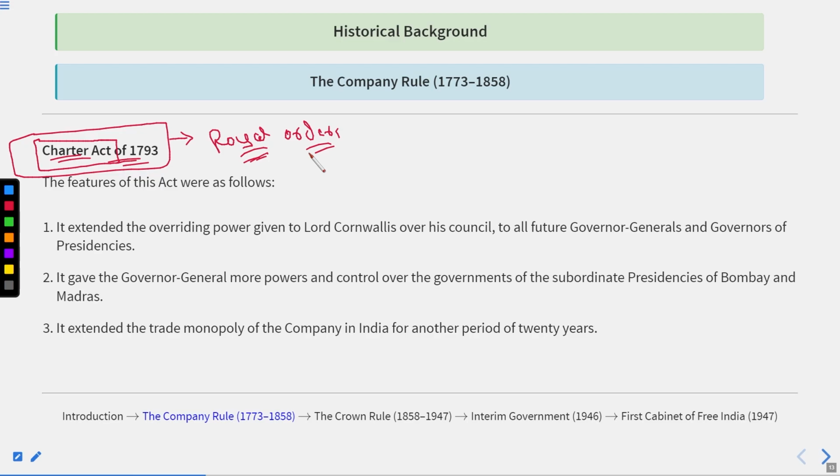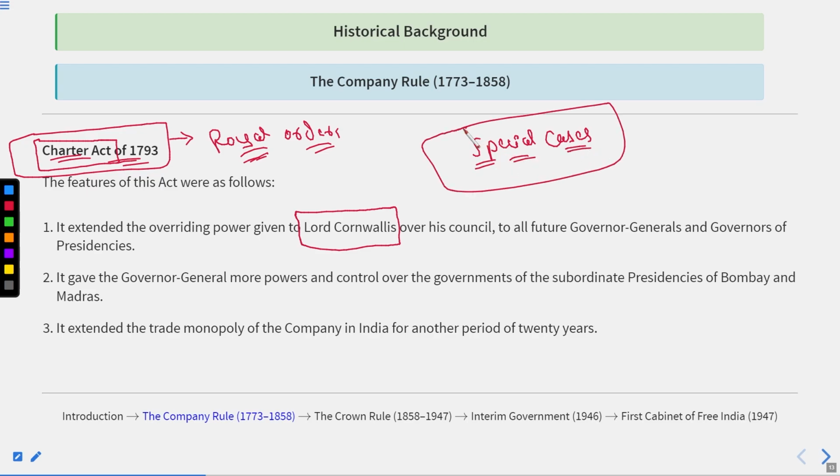First, it extended the overriding power given to Lord Cornwallis over his councils to all future governor generals and the governors of the presidencies. Lord Cornwallis was the first governor general who demanded the power of overriding the council's decision in special cases.